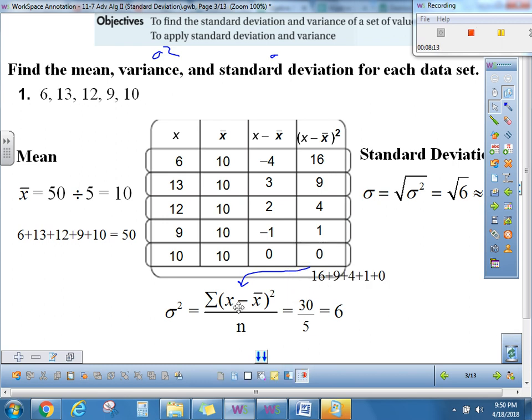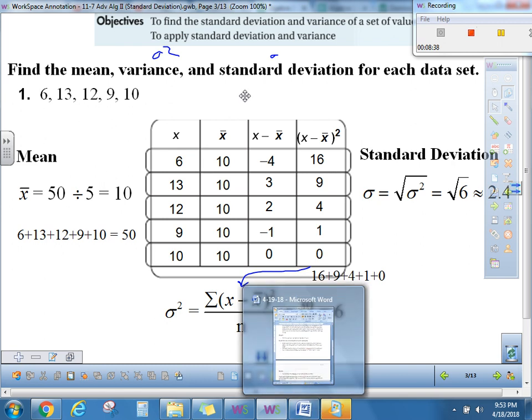Then when we add all those together, 16 plus 9 plus 4 plus 1, we get 30. And divide that by 5. That's how many total values we had. 1, 2, 3, 4, 5. And so your sigma squared, or your variance, is 6. Your variance is 6.